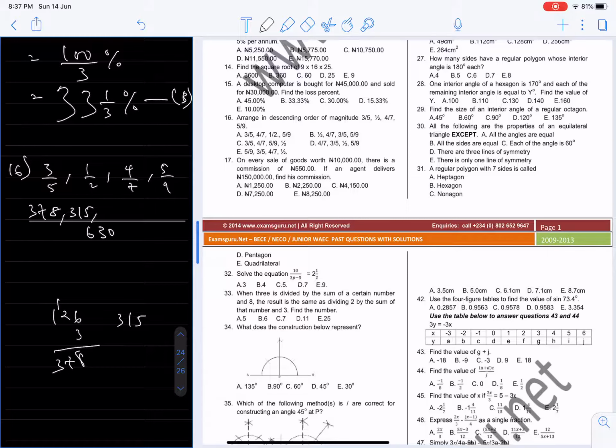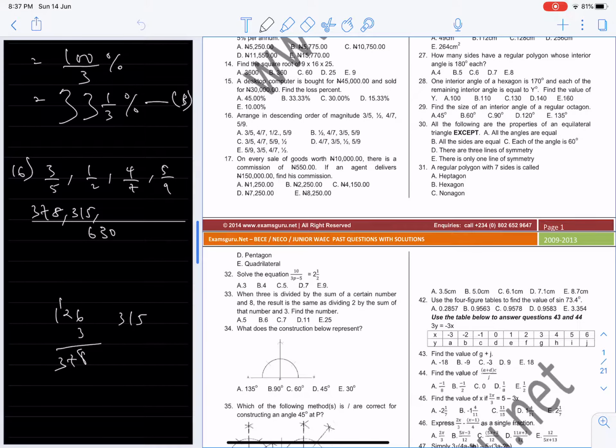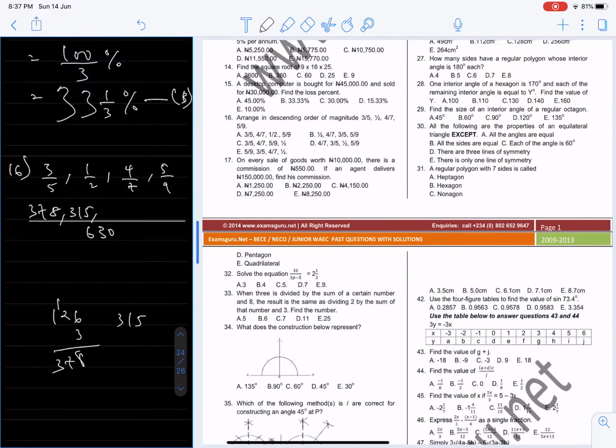7 in 630 is 90 times 4, 360. 90 times 4 is 360. 9 in 630 is 70. 70 times 5 is 350. So now to arrange in descending order, we use these numerators.